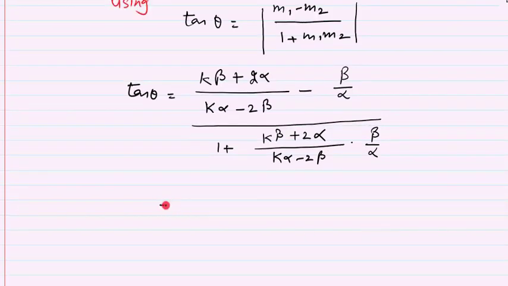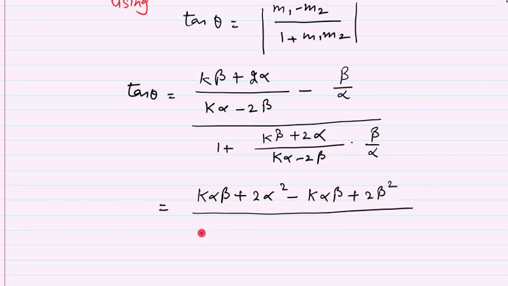Taking LCM, the denominators are the same and get cancelled, and after cancellation we are left with K alpha beta plus 2 alpha square minus K alpha beta plus 2 beta square upon K alpha square minus 2 alpha beta plus K beta square plus 2 alpha beta.